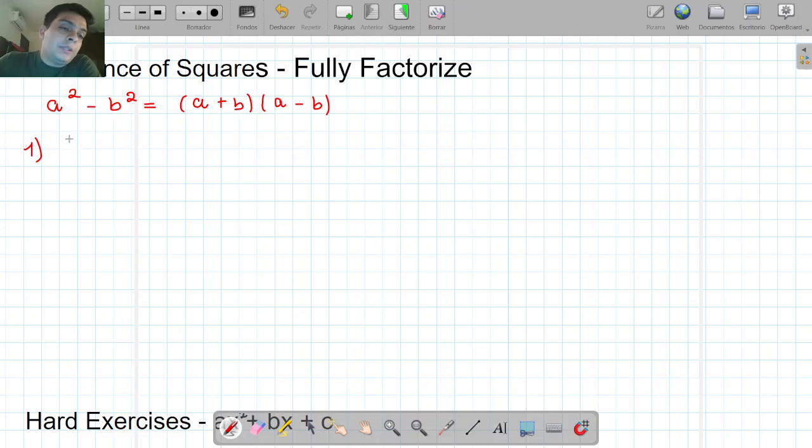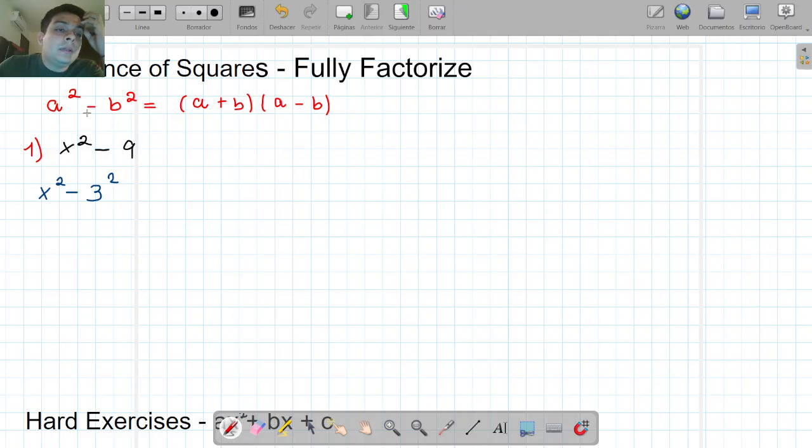Let's go with a very simple example. Every time you have something squared and you have a number, you are supposed to transform everything to look like the formula. For example, in this case, x squared is already like in the formula, but 9 we have to write like 3 squared.